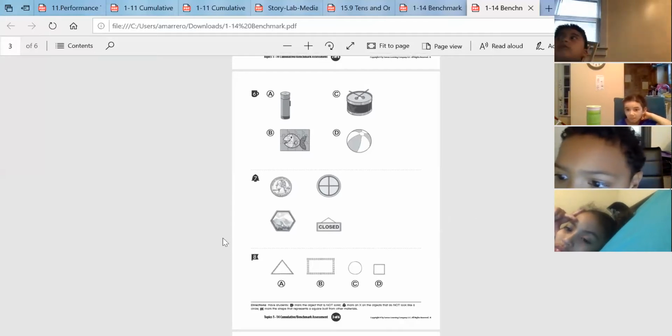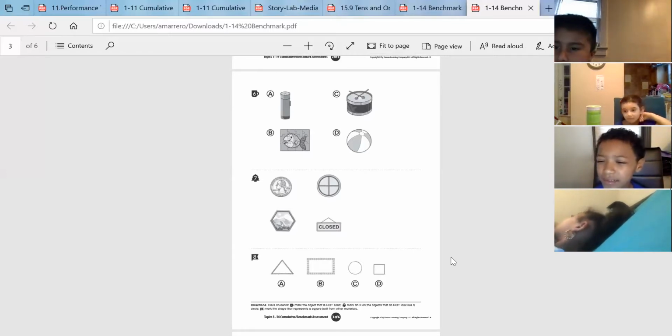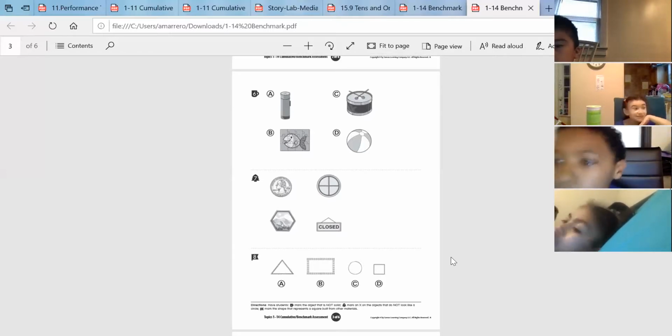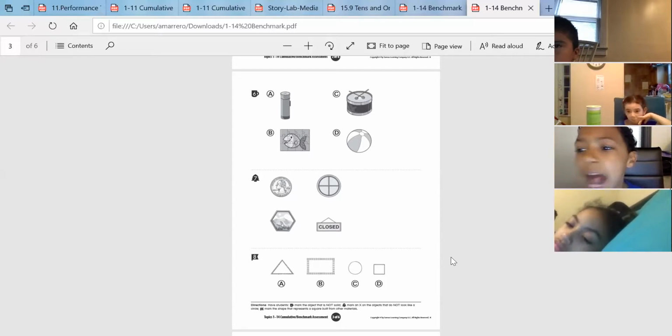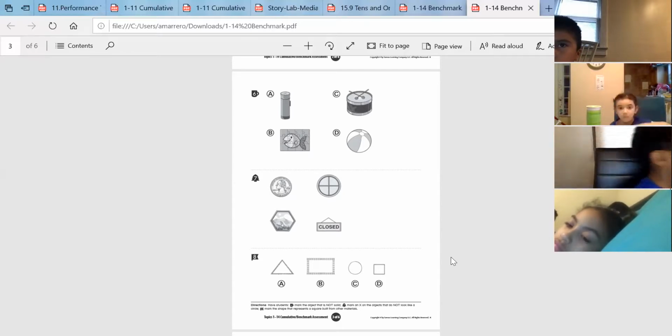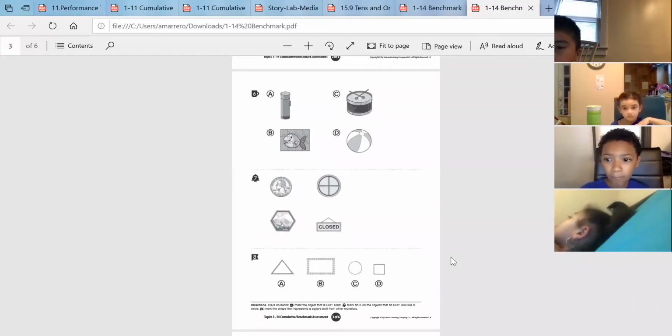For number 8, it was asking which figure is a square that's made from different materials. So that means that it's not just a plain old black line, that it's made out of something different.